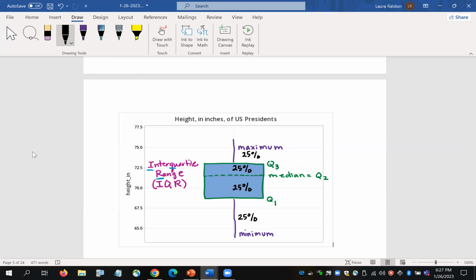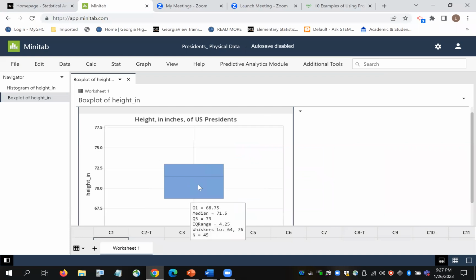But remember, our data set appeared to be a little bit lopsided. Let me get the numbers off of the graph. Again, if I hover over the blue box, I get the numbers. It tells me that quartile 1 is 68.75, the median is 71.5, and Q3 is 73.